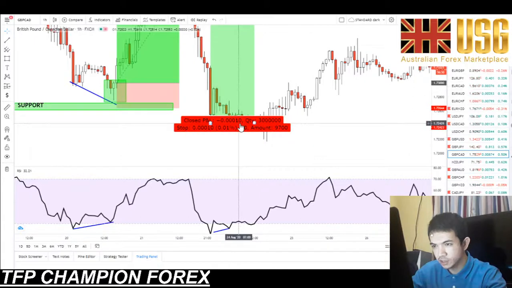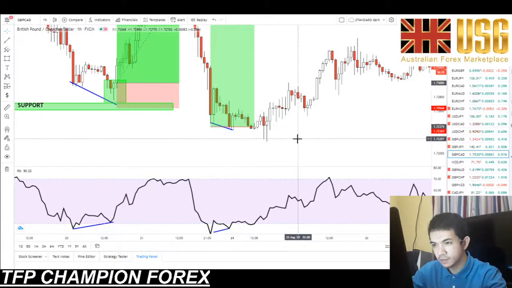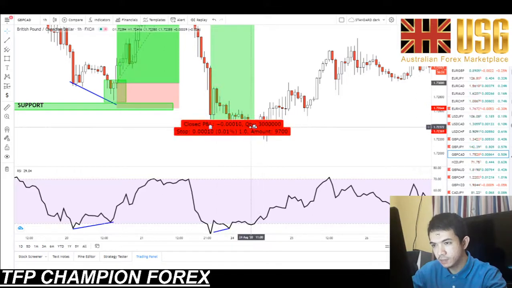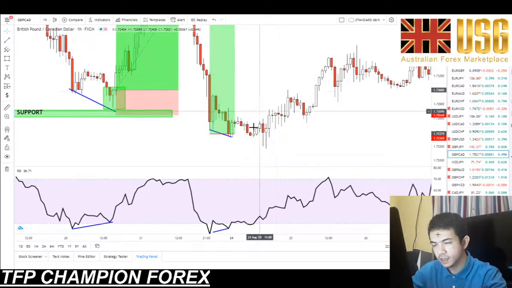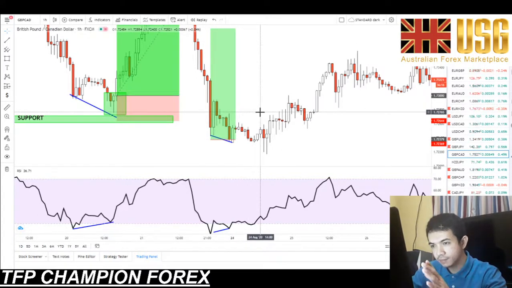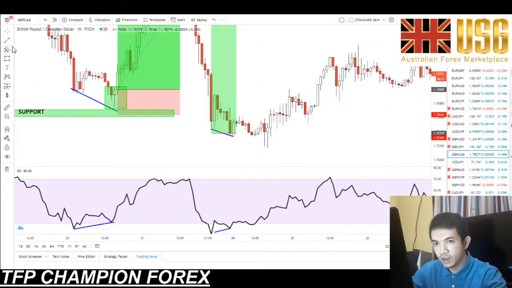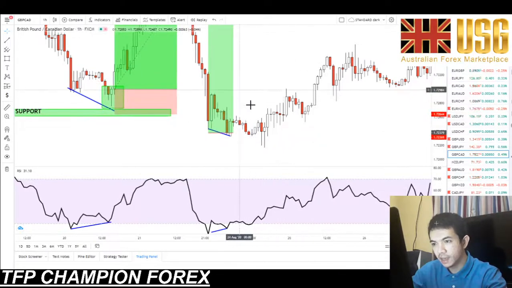So if ever I saw a regular divergence, I place a trade here, alright. And then if I know the market will not reverse right away, because you see here, this is a cycle, you know.